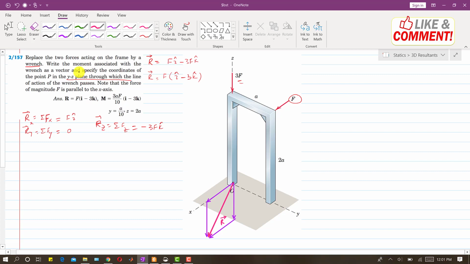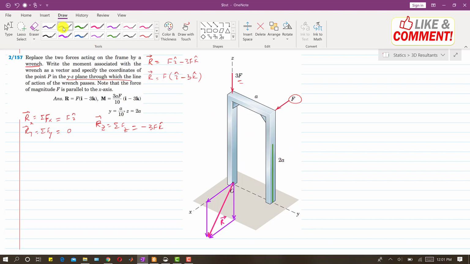So in this problem it is said that specify the coordinates of point P in the YZ plane. So where is YZ plane? If I draw the YZ plane, this will be our YZ plane. So let me draw a line here parallel to the Z axis, and let me move it to this point, right?